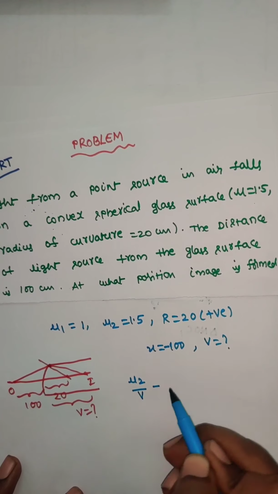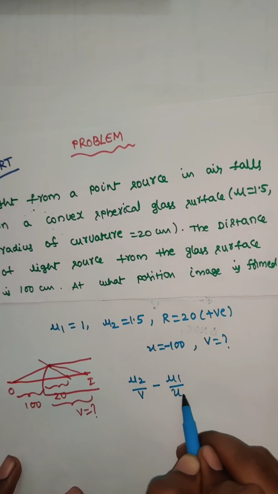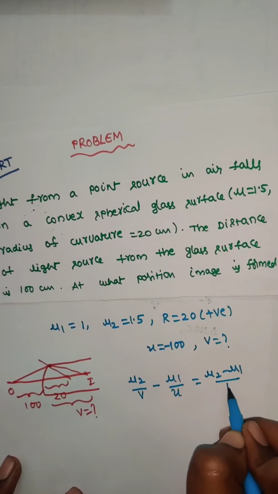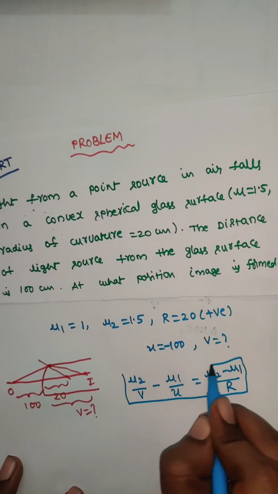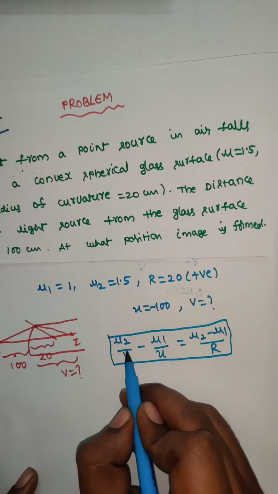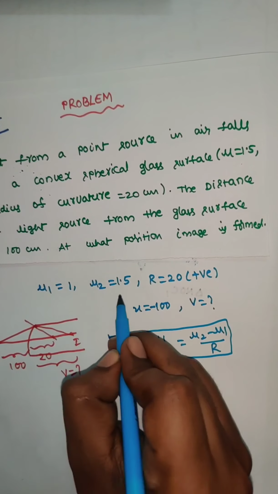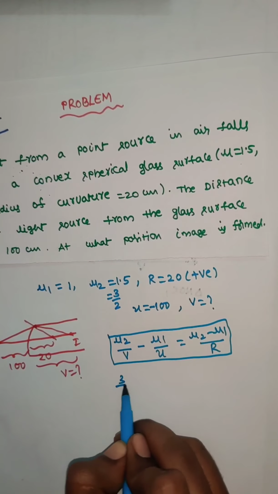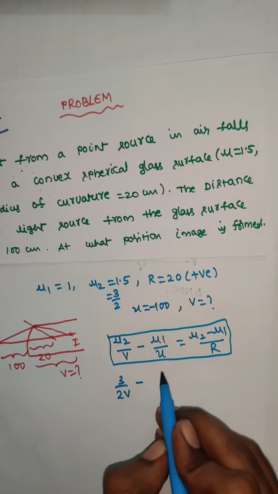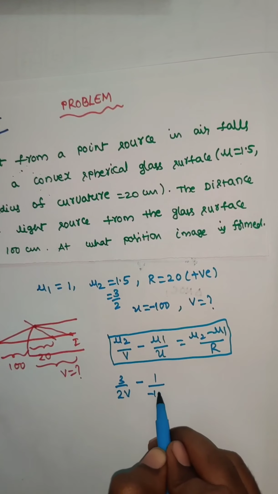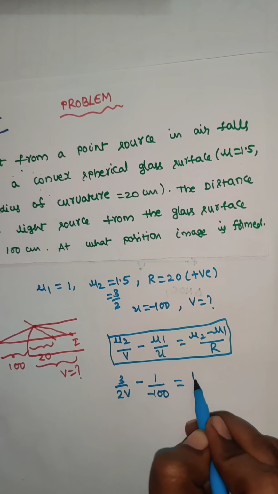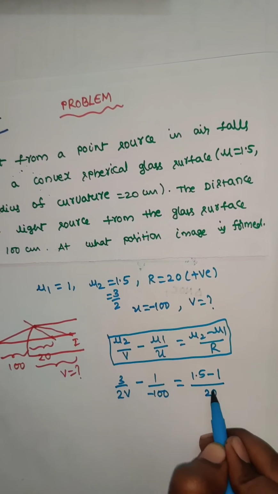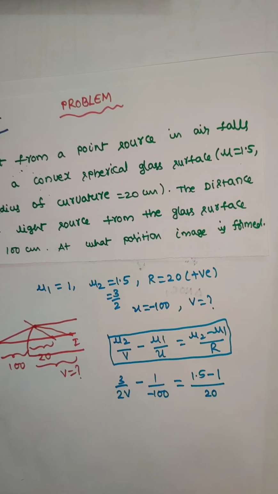We know mu2 by V minus mu1 by U is equal to mu2 minus mu1 divided by R. You can substitute here the mu2 value 1.5, which I am writing directly as 3 by 2. 3 by 2V minus mu1 value 1 divided by the U value minus 100, is equal to 1.5 minus 1 divided by the radius of curvature 20.